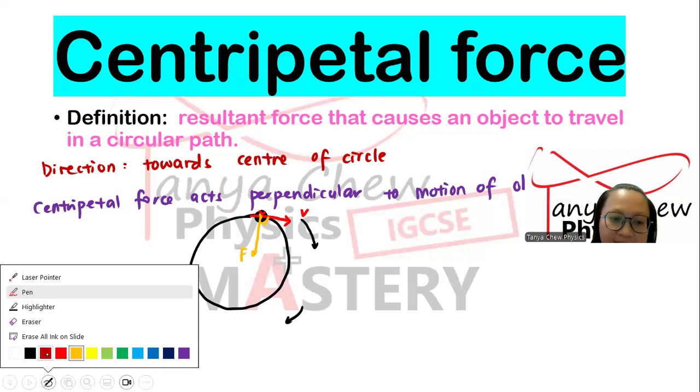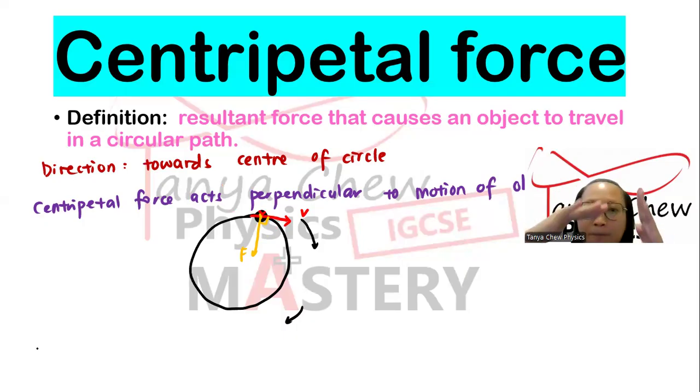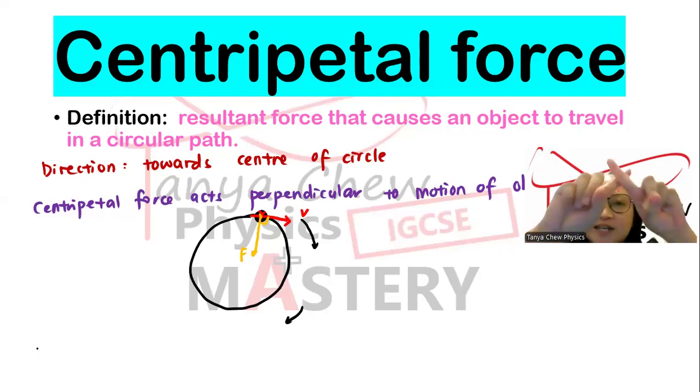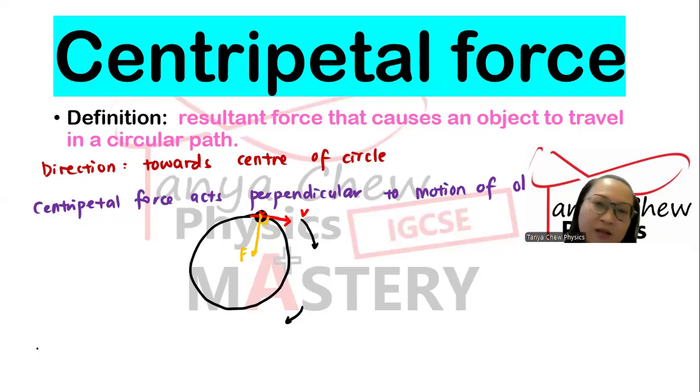Since the centripetal force acts perpendicular to the direction of velocity of the object, it does not change the speed of the object. It doesn't make the object move faster or slower. It is just responsible for changing the direction of the object so that the object can travel around the circle. That's centripetal force.